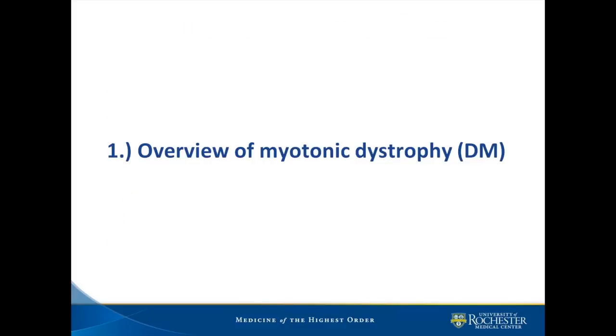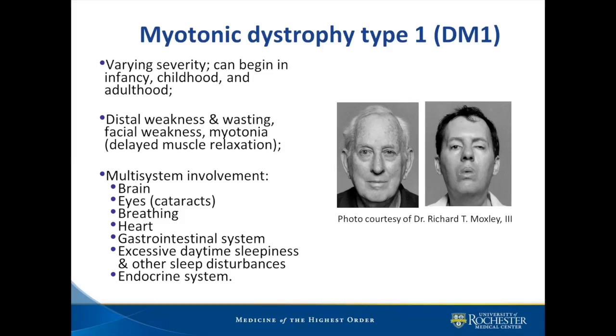And so let me start first by giving a very quick overview of myotonic dystrophy type 1 and 2 in the next two slides. We'll start with myotonic dystrophy type 1. It's certainly a disease of varying severity and onset. It can start in infancy and childhood, maybe 10% of cases, and later in adulthood.